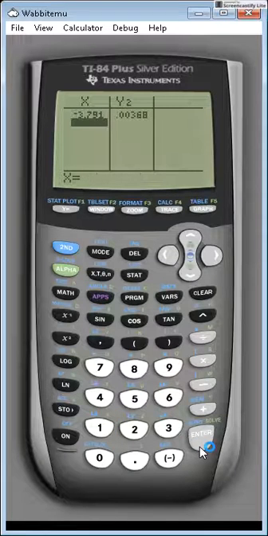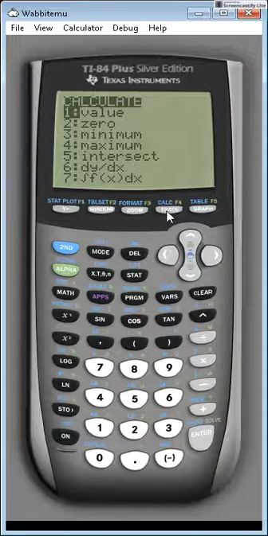Like, okay, well, what about negative 3.7915? And you see, so it's in between there. I mean, it's a lot slower process than actually just finding the 0 on the calculate menu, but this also is another way to verify.